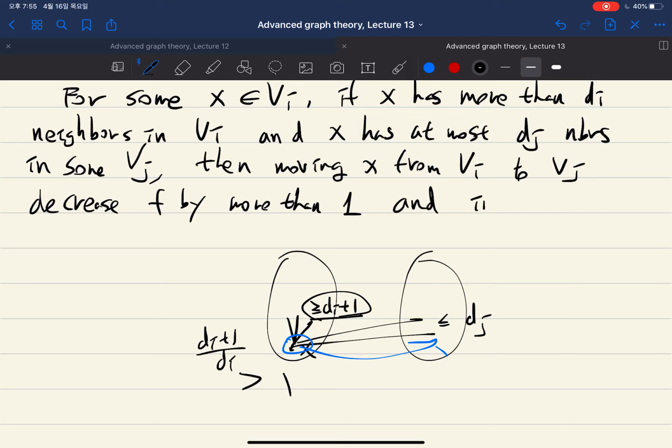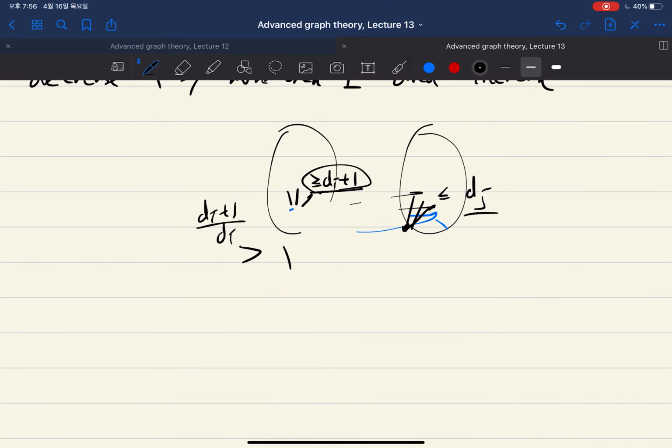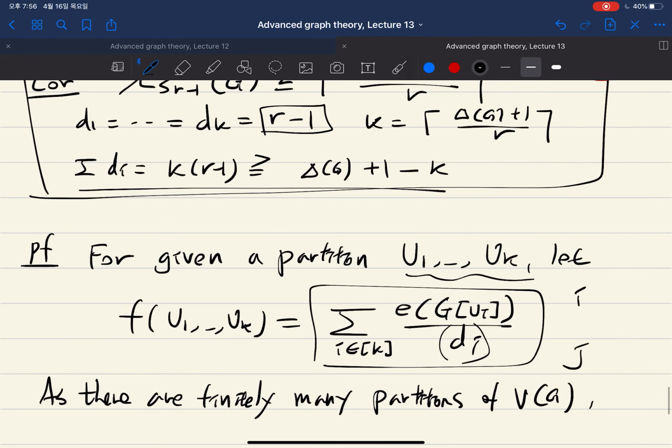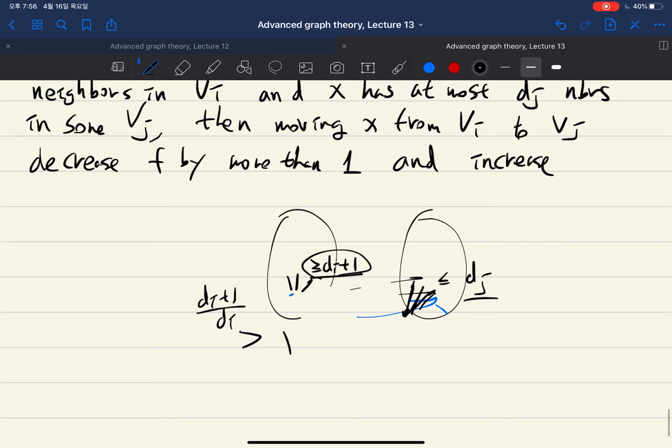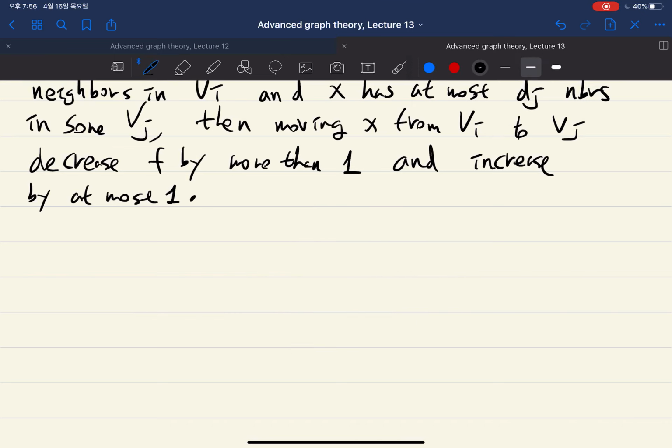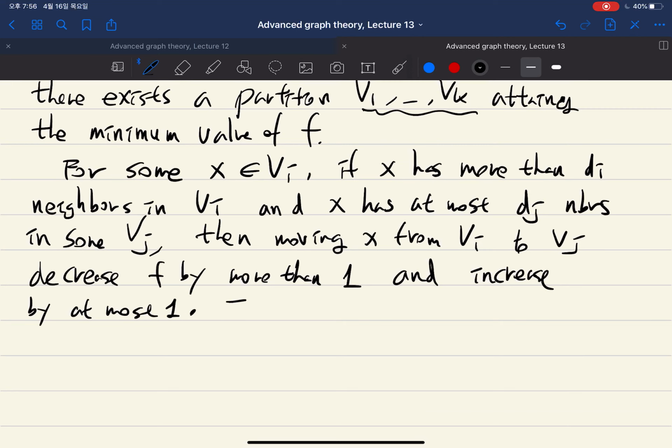And how much does it increase? Now x has moved to P_j, and it has at most d_j neighbors there, meaning at most d_j edges are added, divided by d_j. So it increases by at most 1. Then this contradicts the minimality of this partition.